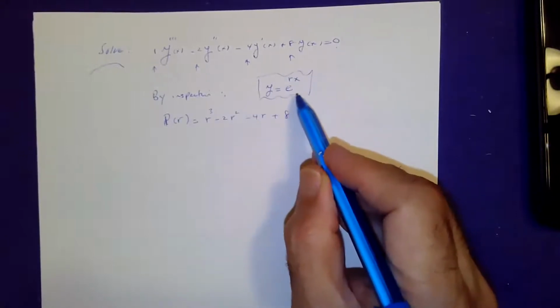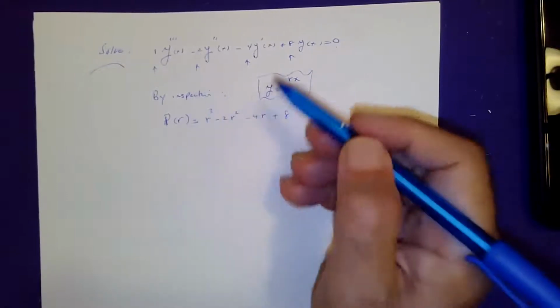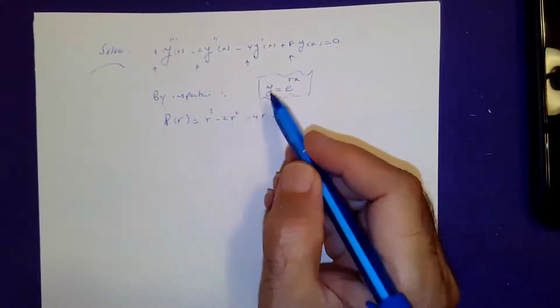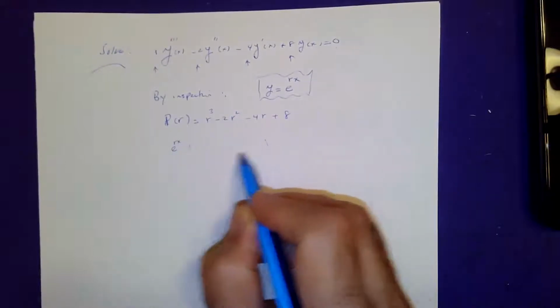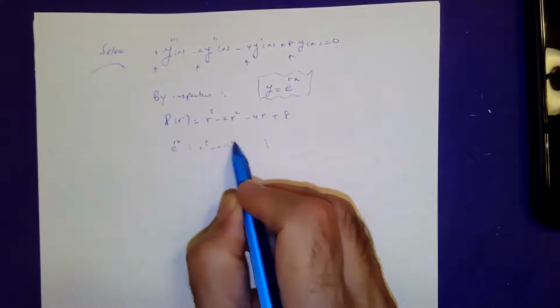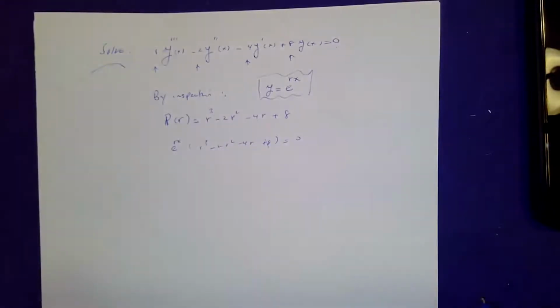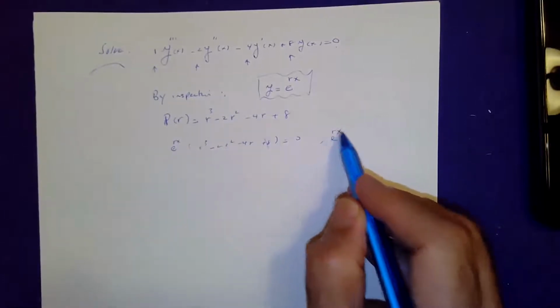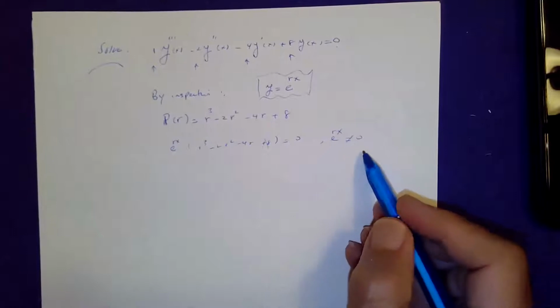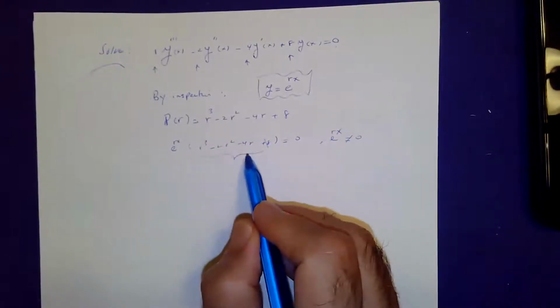So when you take 3 derivatives of this and substitute here, you end up with e to the rx times (r cubed minus 2r squared minus 4r plus 8) equal to 0. The exponential cannot be 0, no matter what x is, so you set this expression equal to 0.